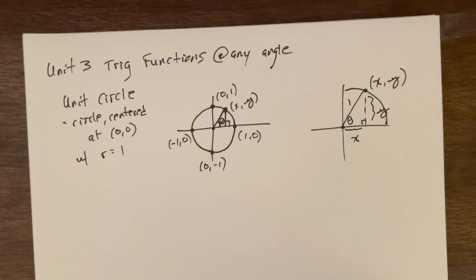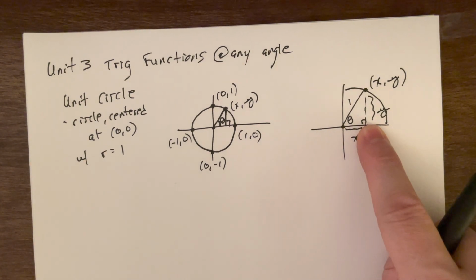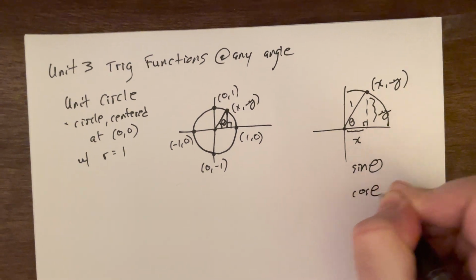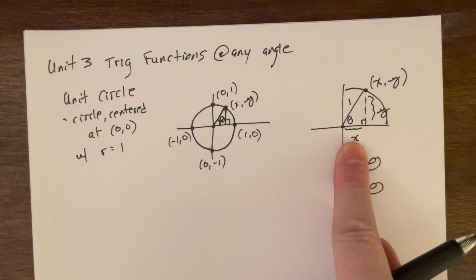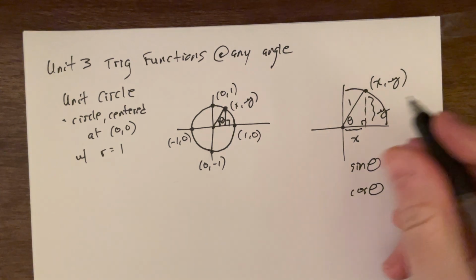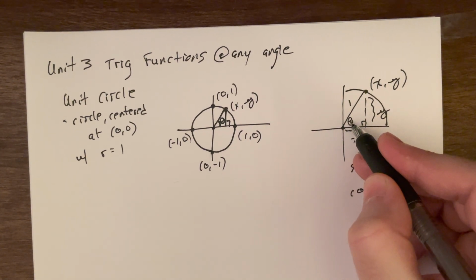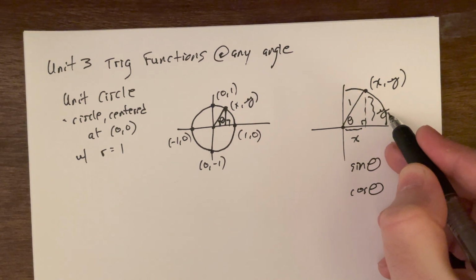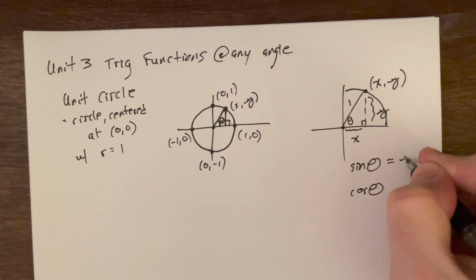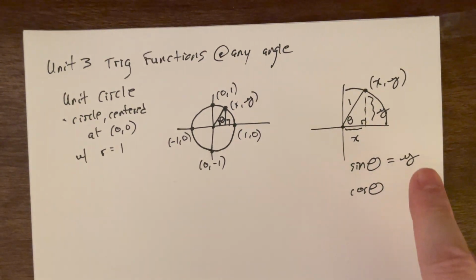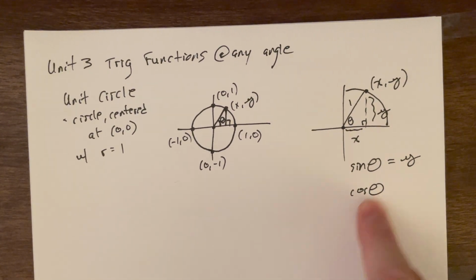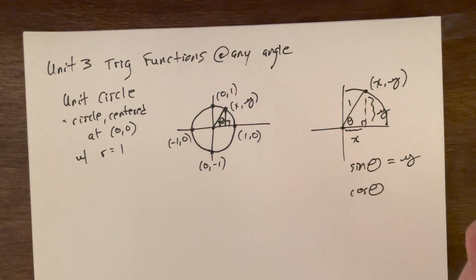Here's the big point, everybody. If we look at sine and cosine in this situation, sine is opposite over hypotenuse. The opposite is y, the hypotenuse is 1, so y divided by 1 is just y. Similarly with cosine, we're looking at adjacent over hypotenuse.